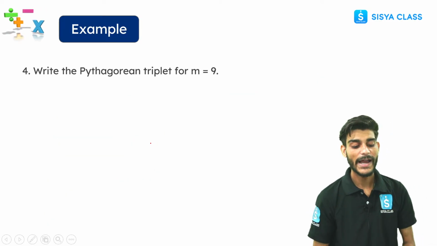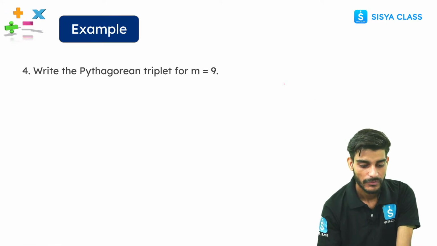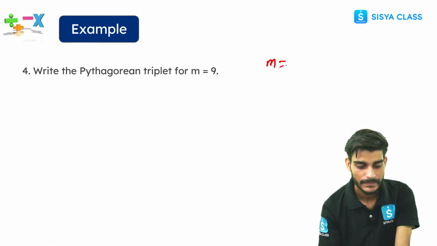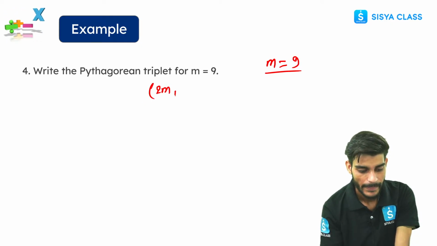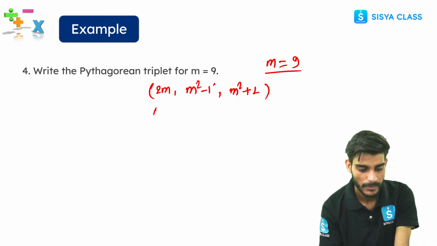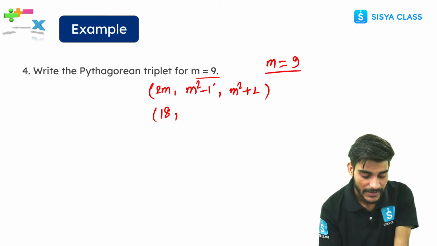You have to write the Pythagorean triplet for m equals to 9. For m equals to 9, what was the formula for triplet? We have 2m, m square minus 1, m square plus 1. So if you put m as 9, it is 18.